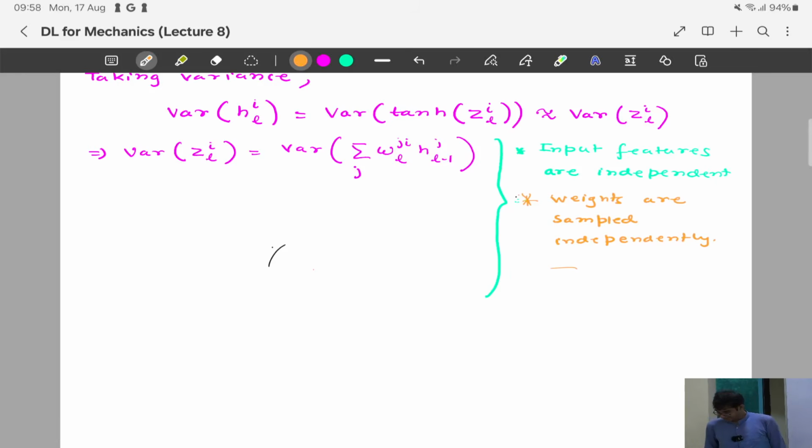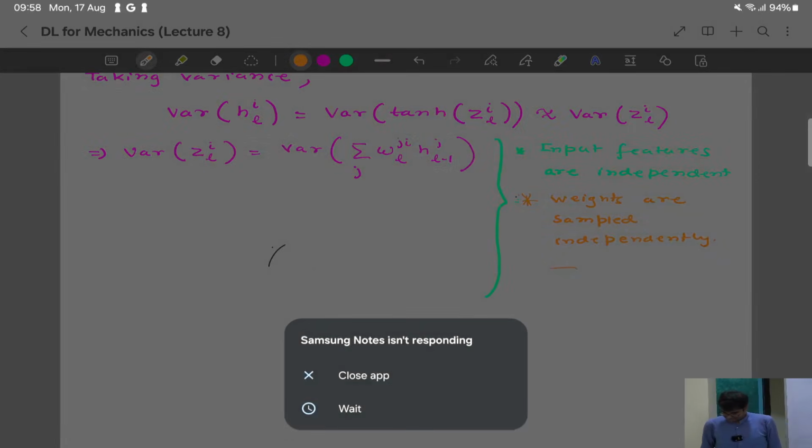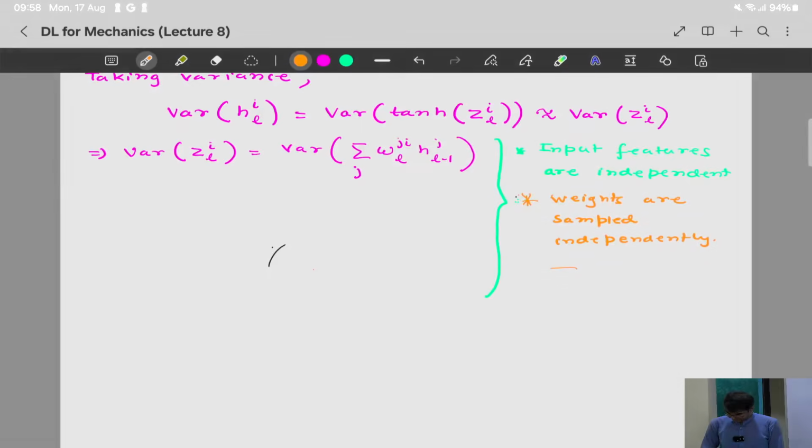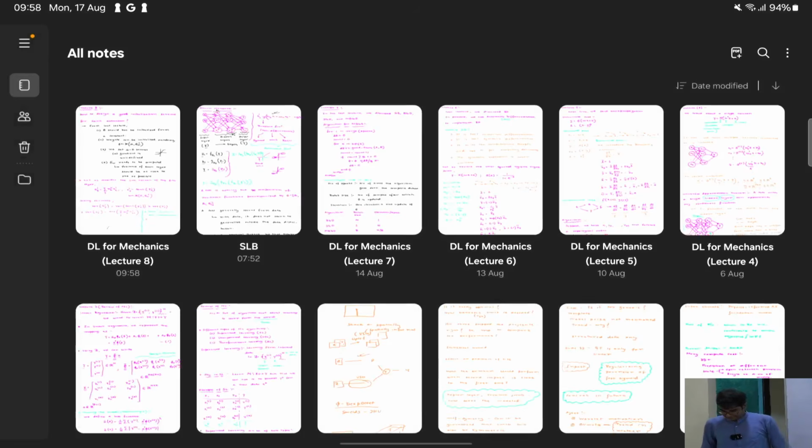So, weights are sampled independently and the input features are independent, which means each term inside that summation that you see, they are independent. Okay.